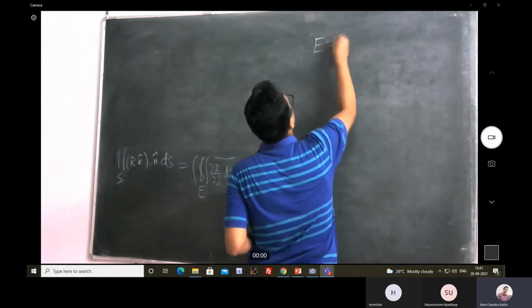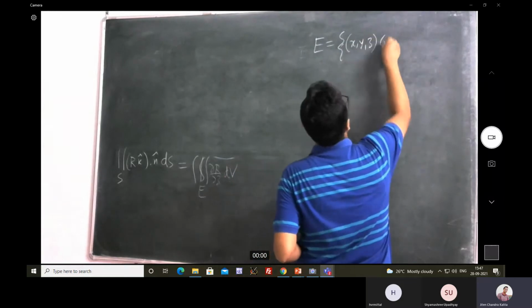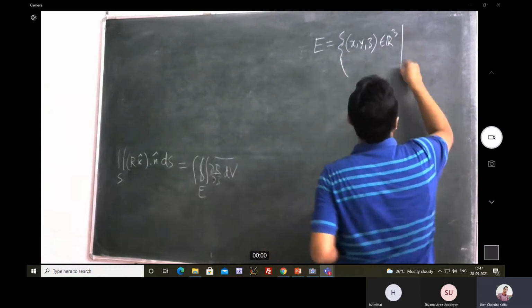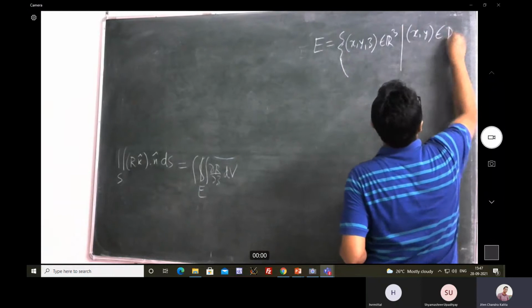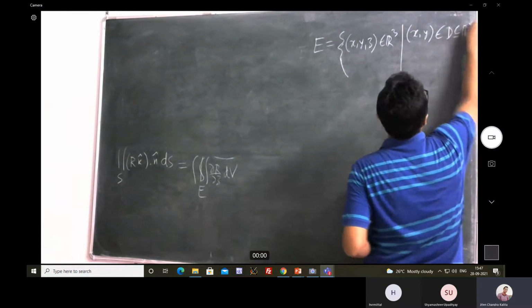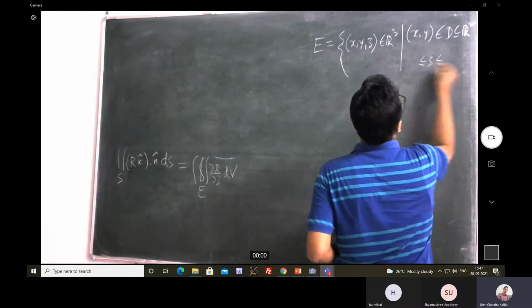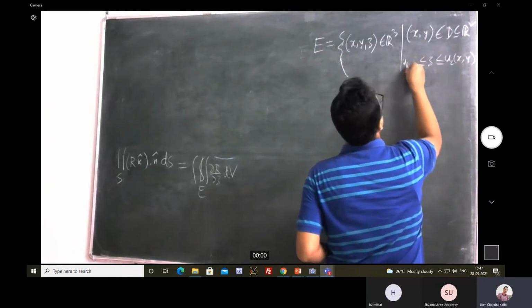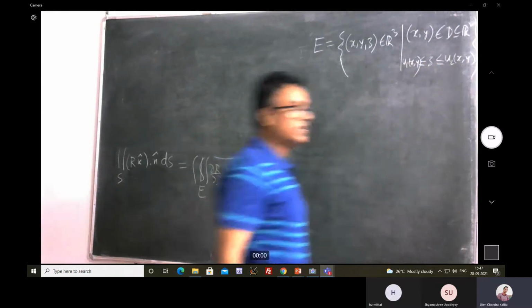So E is going to be equal to the set of (x, y, z) belonging to R3 such that (x, y) belongs to some domain D in R2, and z lies between some surfaces u1(x, y) and u2(x, y). You already know this, right?